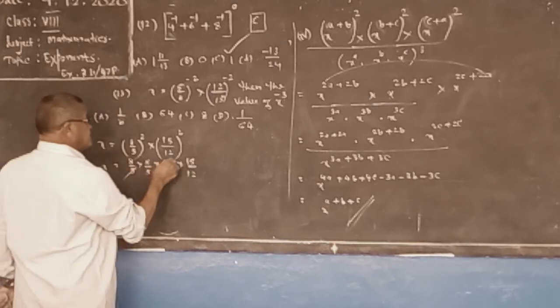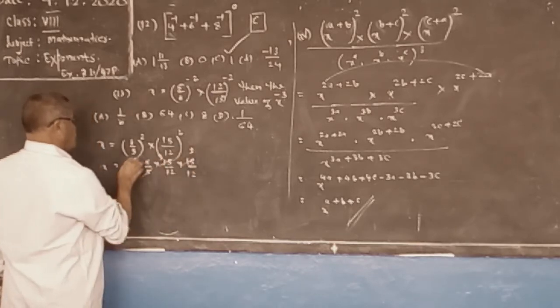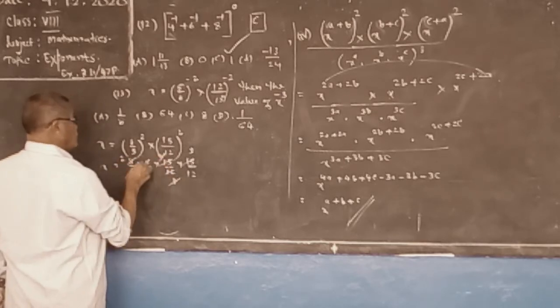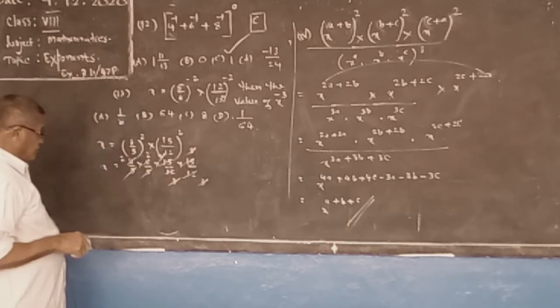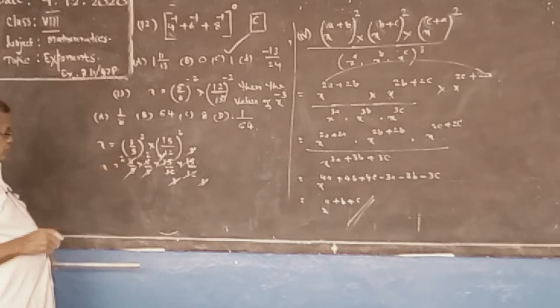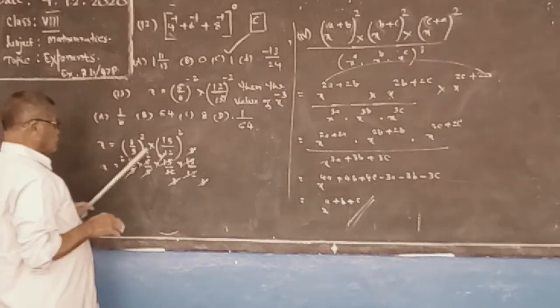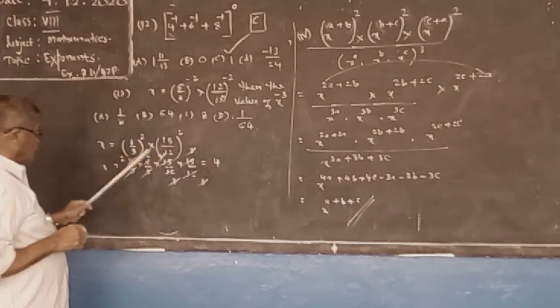5 ones are 5, 5 threes are 15. 4 twos are 8, 4 threes are 12, and 3 cancels. And what are the numbers left? 2 into 2 left. x is equal to 2 into 2, 4.